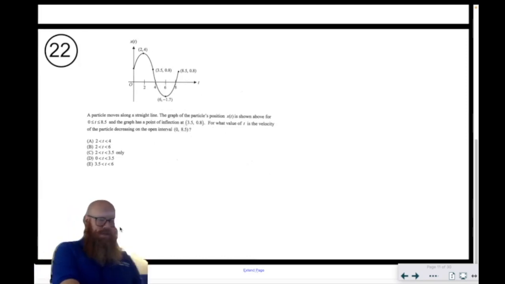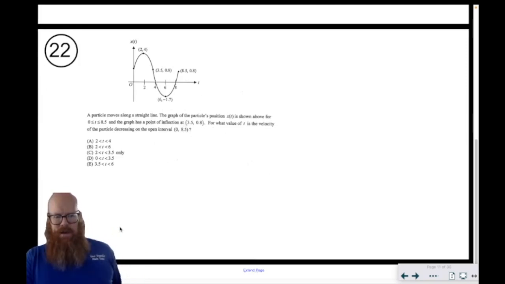Okay, number 22. So we've got a particle moving along a straight line, and this is its actual position. All right, so we're looking at the position graph. It's telling us where it has a point of inflection. So for what value is the velocity of the particle decreasing?